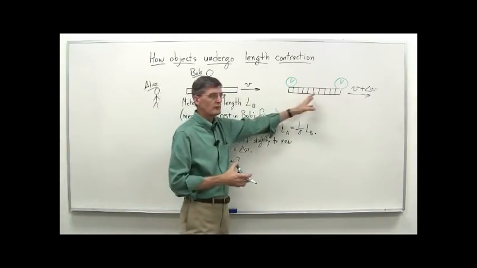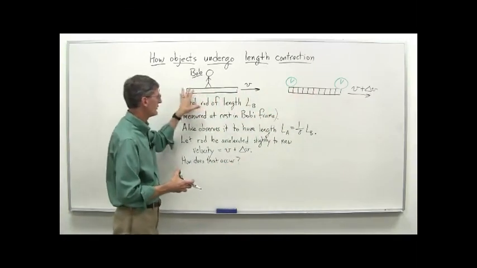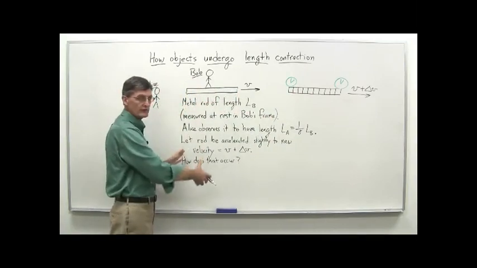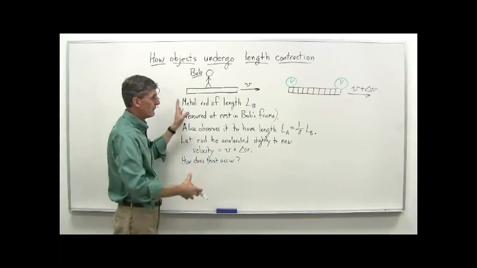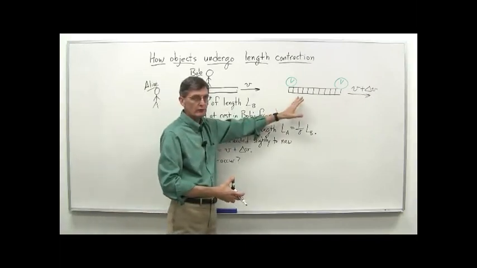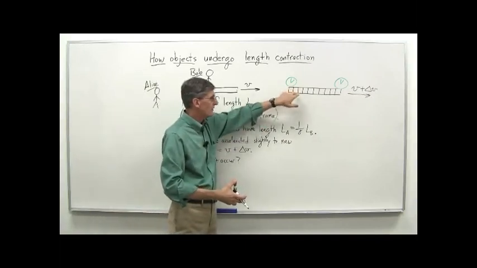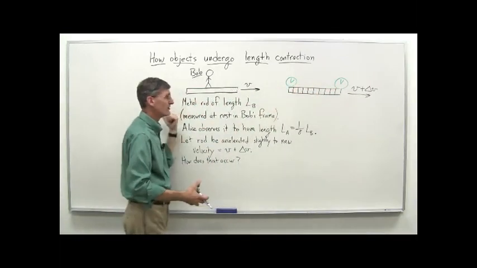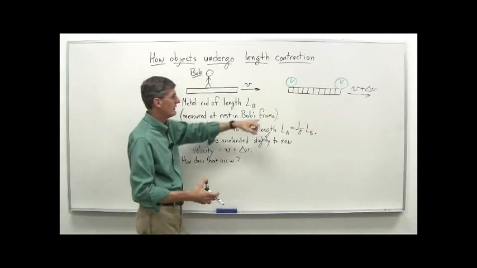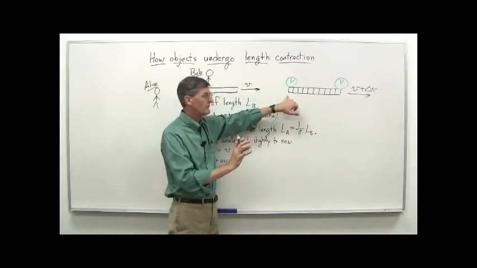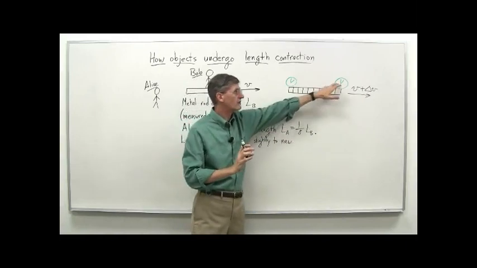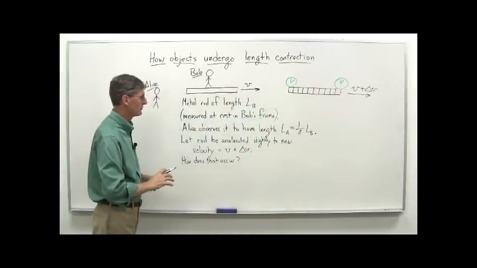It has to do with the relativity of simultaneity. You can keep a proper length, a rest length, constant in Bob's reference frame, but when you need to move it up to a new velocity, then even though it's synchronized in Bob's frame, it's unsynchronized in Alice's frame, and that means the back gets a little push first, and so it compresses a little bit, so the length contracts before the front gets its little push there.